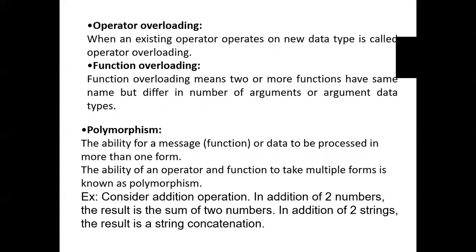Even though we are performing the addition operation with a number and with a string, they are doing the same operation, addition. That's why I said that the ability of an operator and a function to take multiple forms is known as polymorphism. It is an ability of an operator or a function to take multiple forms.